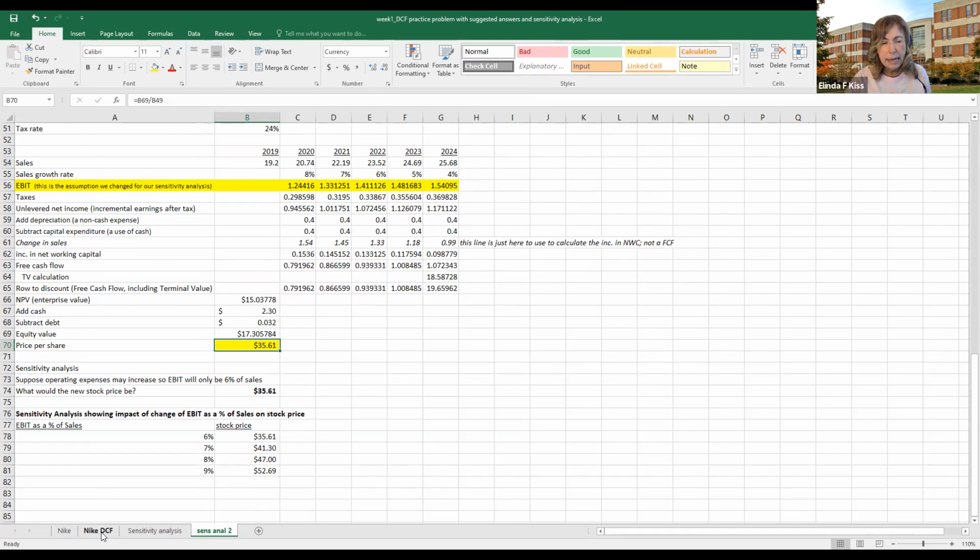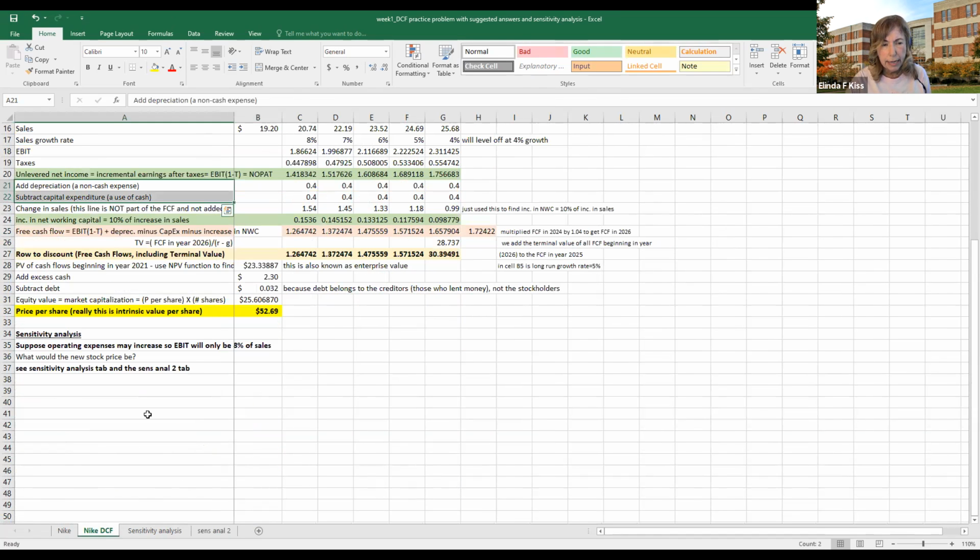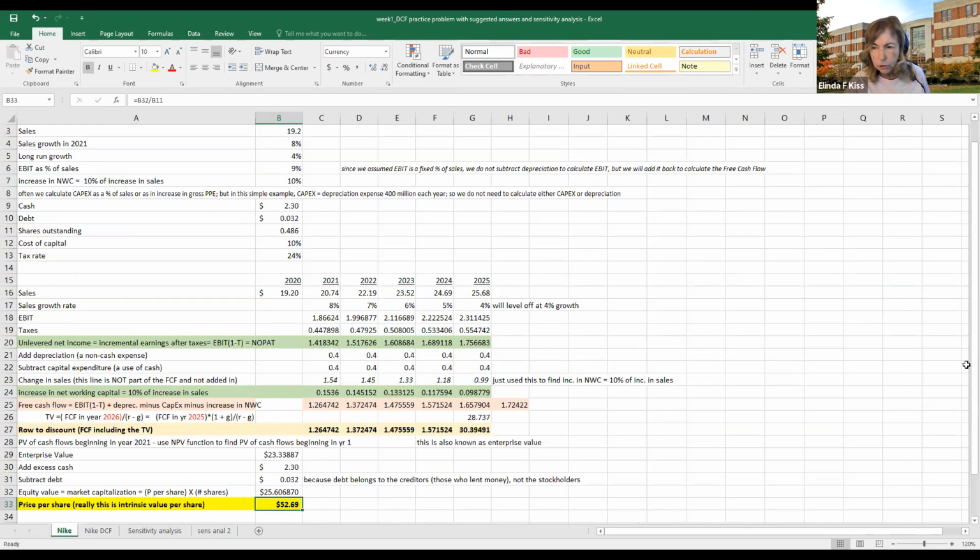Now, what if I want to calculate an internal rate of return? Of course, we do that for a project. So I'm just going to show you as a reminder how to calculate internal rate of return over here in my example.